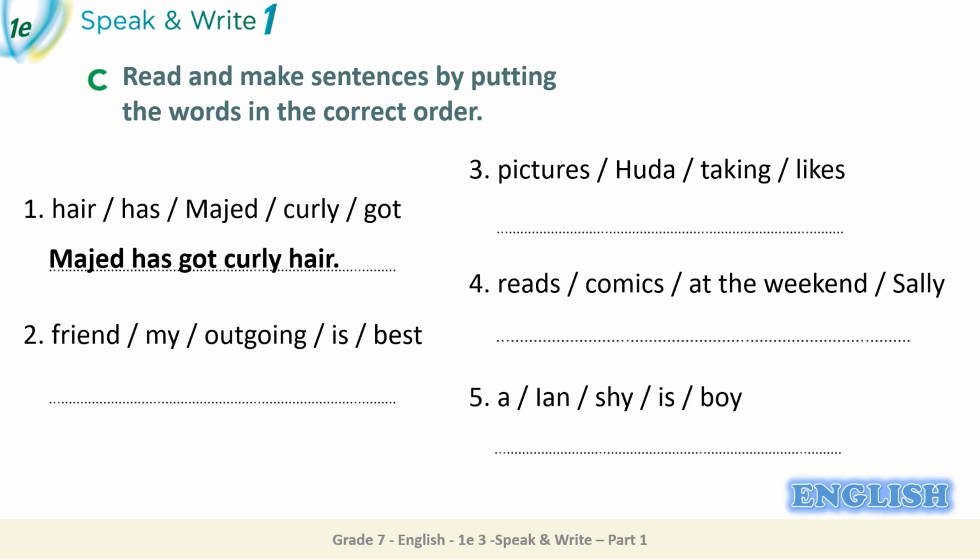Perfect. Let's move to question number 2. Friend, my, outgoing, is, best. Who can put these words in the correct order to make a complete sentence? That's correct. The correct answer is my best friend is outgoing.